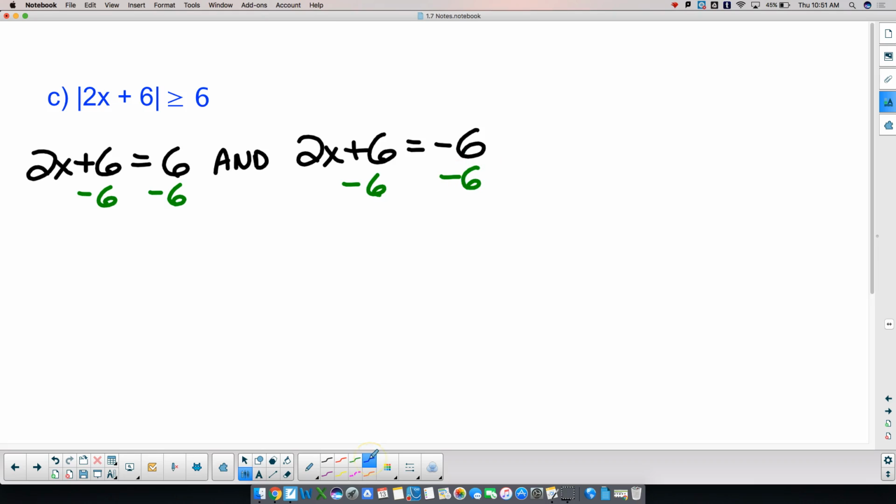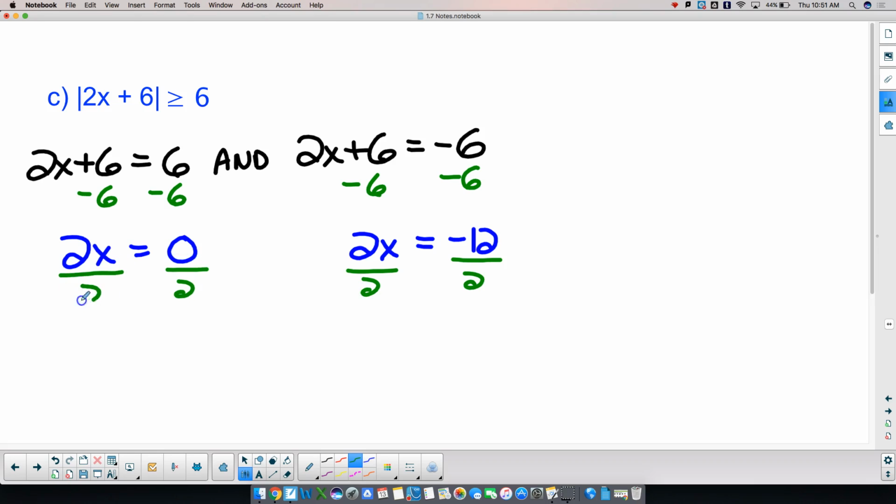That gives me 2x equals 0, and 2x equals -12. Dividing by 2. That gives me x equals 0 and x equals -6.